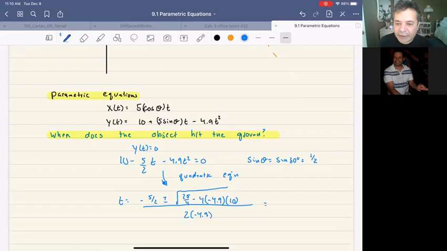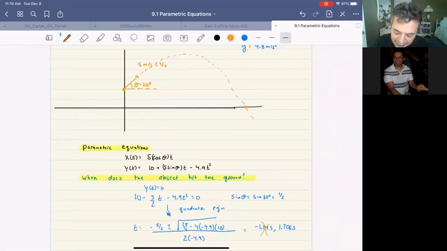When I do that, I get two numbers, negative 1.14 and 1.706 seconds. Now this one is out. What does that negative time represent? Well, if we extend this parabola back in time over here. And so now, how far does it go downrange?